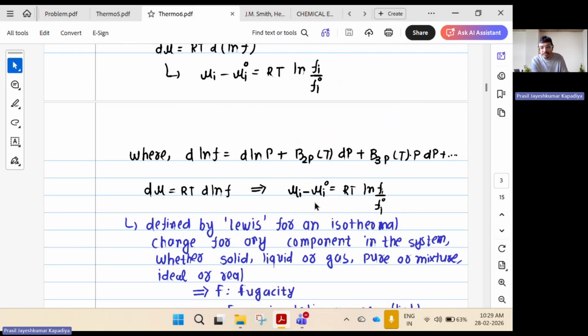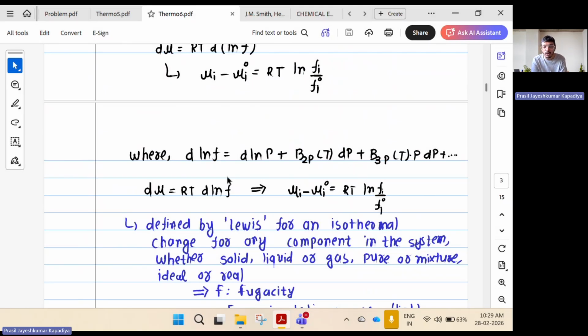So mu i minus mu i0 is equal to RT, if I integrate from some zeroth state to some state of interest. I can write it down as mu i minus mu i0 is equal to RT ln Fi by Fi0. Okay. So what did Lewis do? This was derived by Lewis.